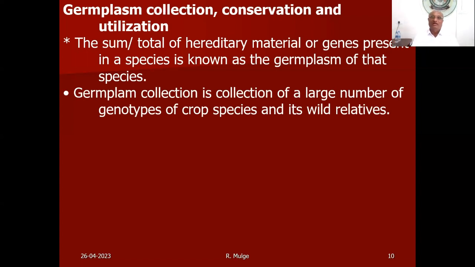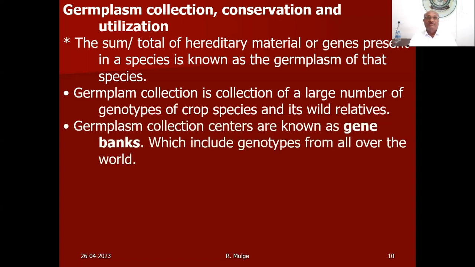More genotypes you have to collect. So that is germplasm collection. Germplasm collection centers are known as gene banks. If you have places where you are maintaining the collected material, that place is known as a gene bank, which includes genotypes from all over the world.